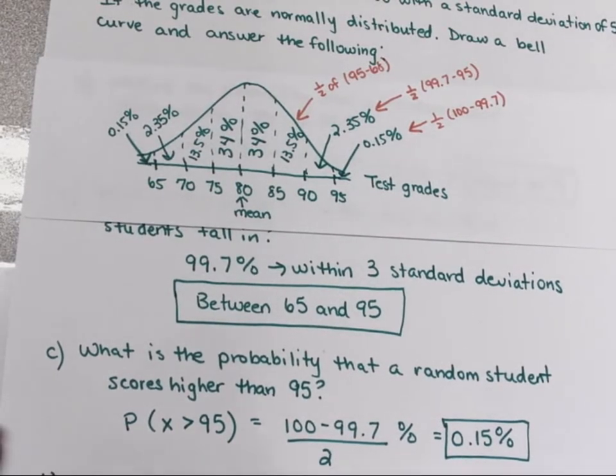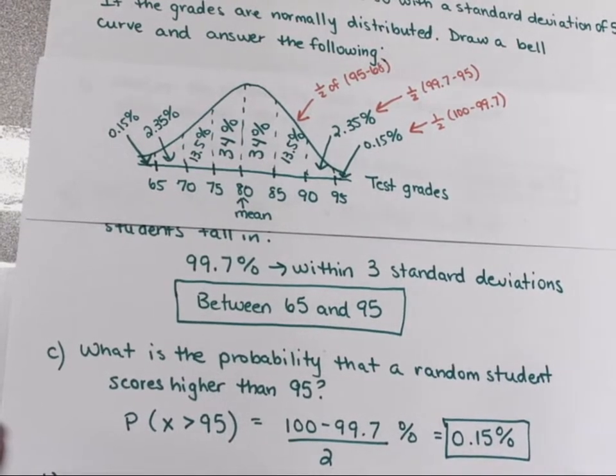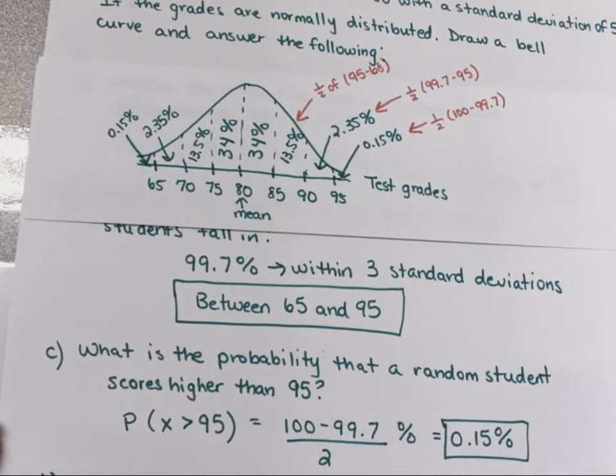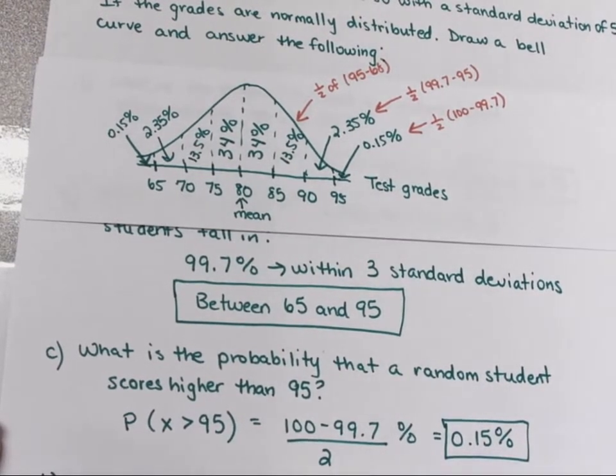So what about this one? What is the portion of students who score less than 80?